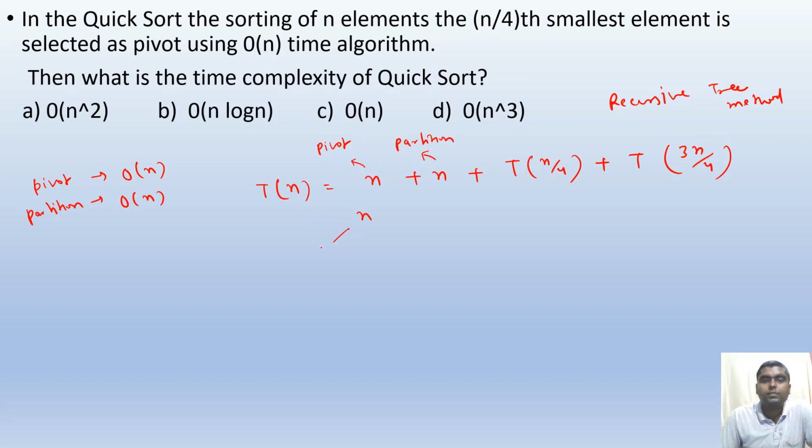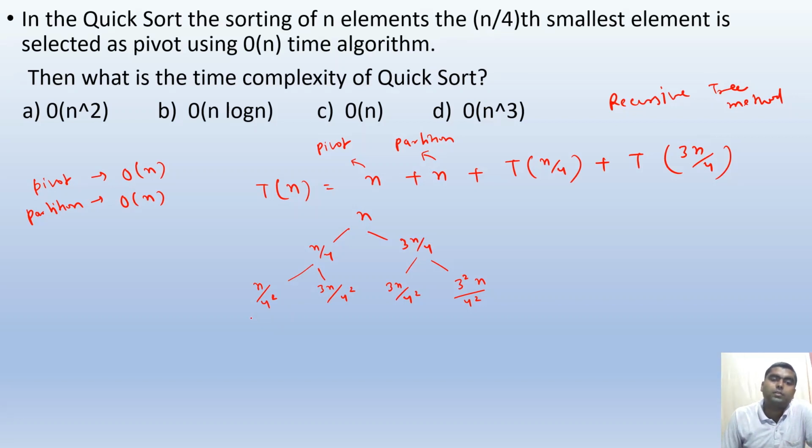So we are dividing it into n by 4 and 3n by 4, and similarly this n by 4 is again divided into n by 4 square and 3n by 4 square. And this 3n by 4 is again divided into 3n by 4 square and 3 square n by 4 square. Okay, so which leaves will go to a maximum?